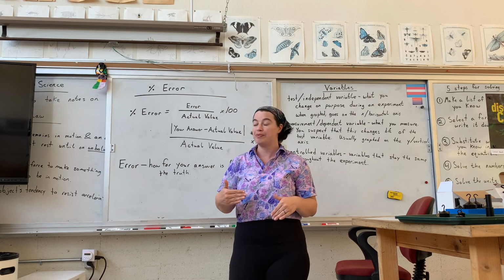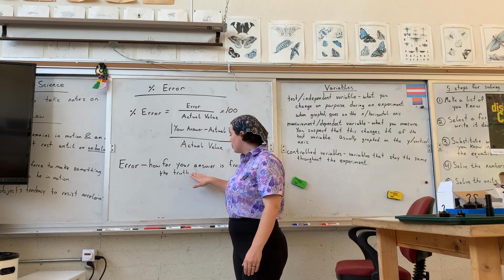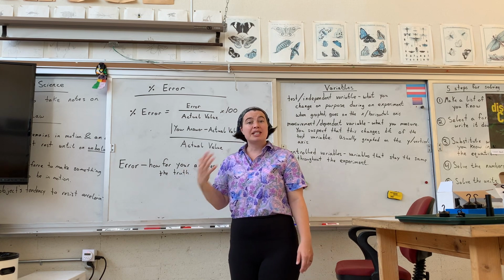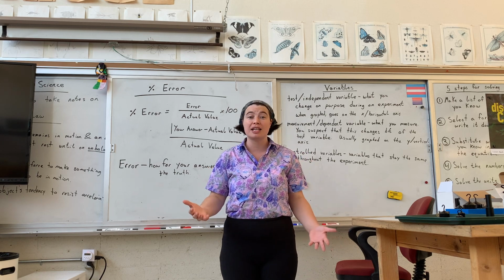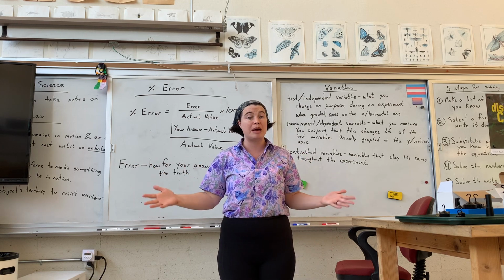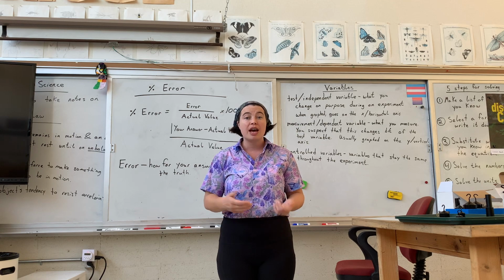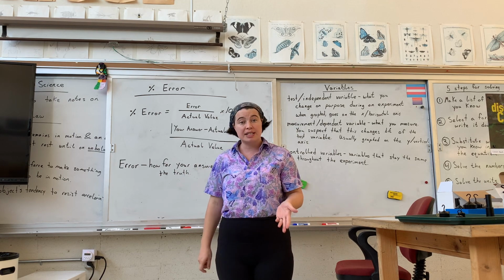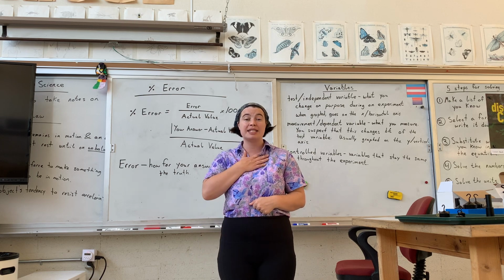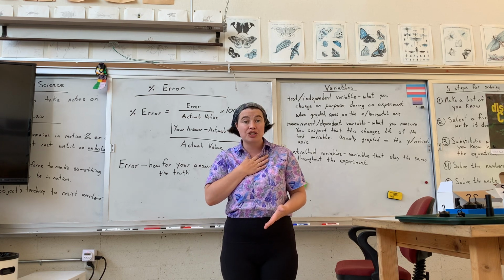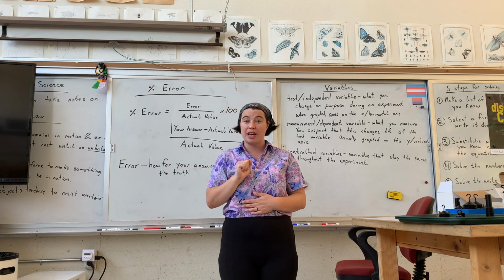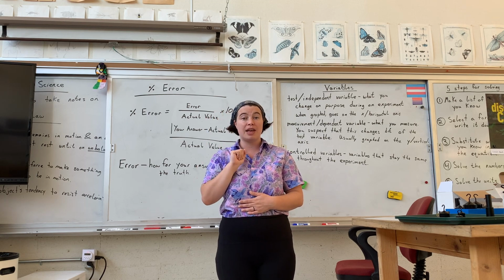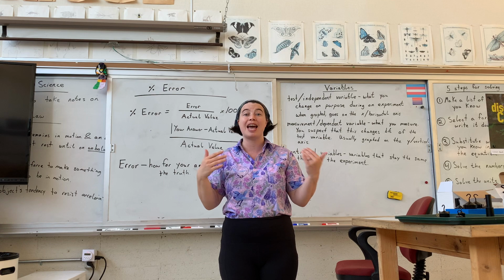So we start with our error, and then we take that error and put it in the context of how big the actual thing is that we're measuring. You take your error and divide by the actual value. In this example, if I said it was 30 grams, but it was actually 25 grams, I was off by 5 grams. I would take that 5 grams and divide by the actual value.